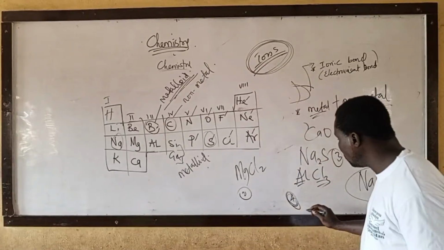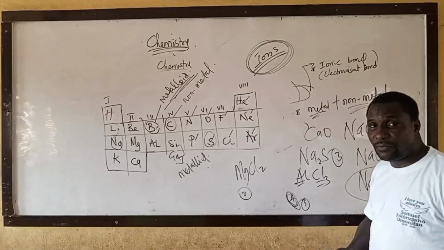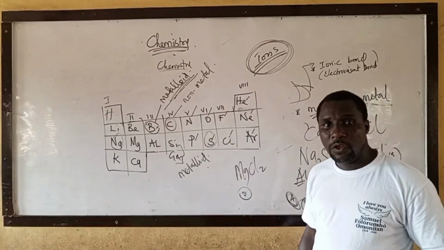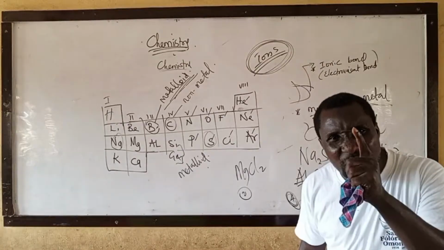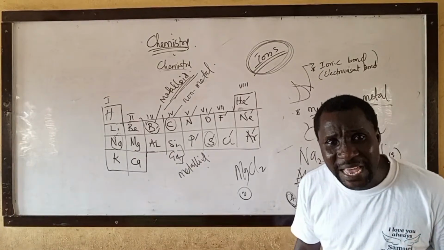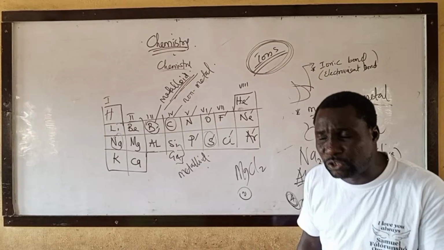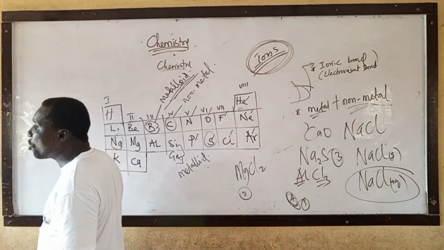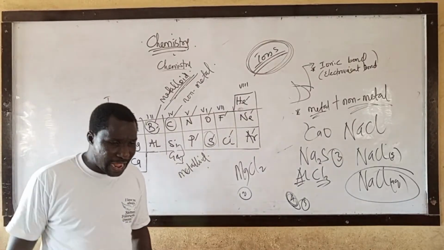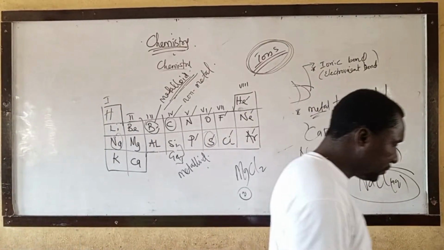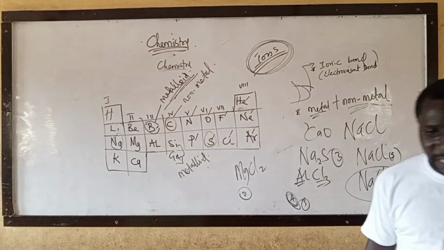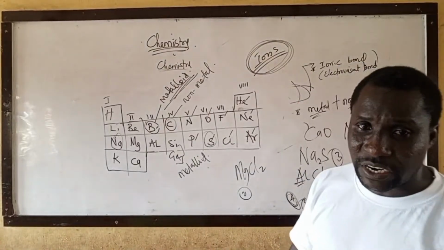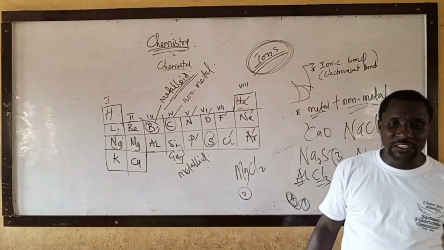Number 5. Most ionic compounds can be extracted by the electrolysis process from their ore.